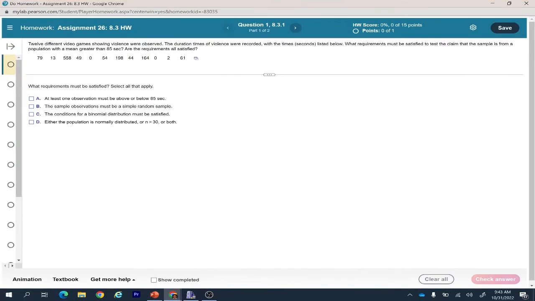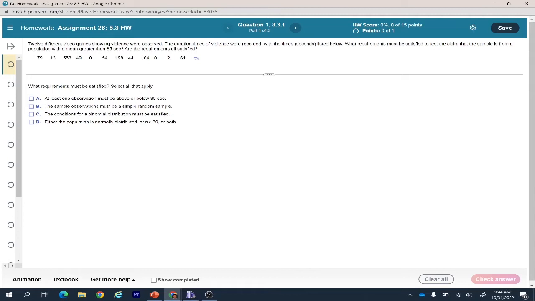So this is our problem 1. 12 different video games showing violence were observed. The duration times of violence were recorded, with the times in seconds listed below. What requirement must be satisfied to test the claim that the sample is from a population with a mean greater than 85 seconds? Are the requirements all satisfied?